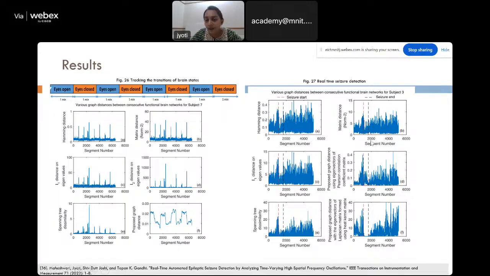When using the matrix distance, also we were not able to track the seizure onset. So all the existing distances failed in finding the seizure onset. But with our proposed distance measure, once you have the edge-weight matrices, you find the subband CRV, and just the Euclidean distance will clearly give the results.